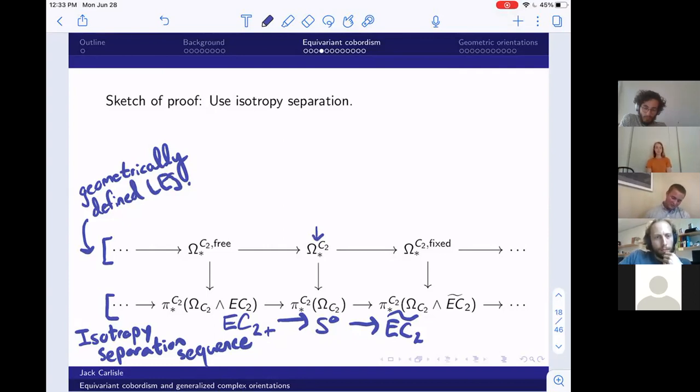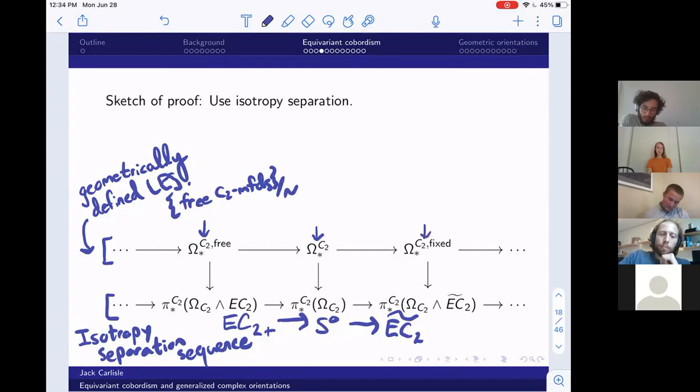And it is this ring omega C2 star whose elements are cobordism classes of C2 manifolds equipped with the stable structure. Here, omega C2 free is what you'd hope it is. This is just the ring of free C2 manifolds modulo cobordism.